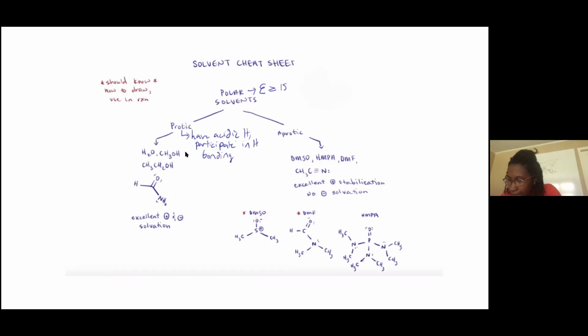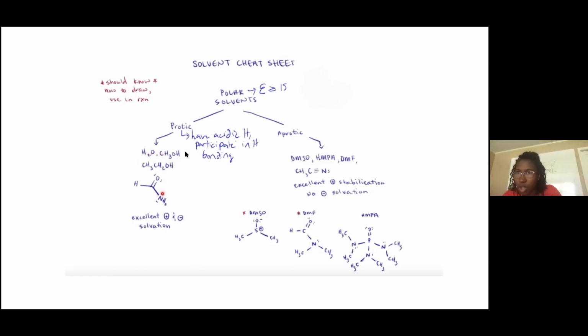So over here, we have some examples that I discussed earlier, water, alcohols, and you'll notice that some of these are also donors, meaning that they have a free lone pair and can act as a Lewis base. So just keep that in mind.